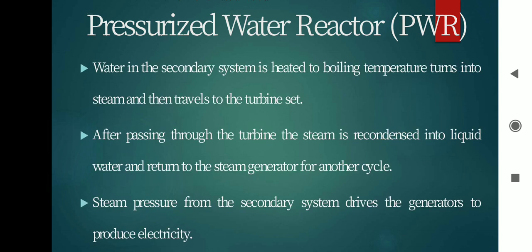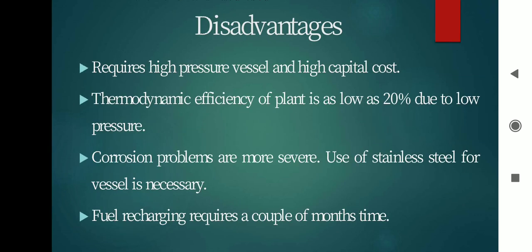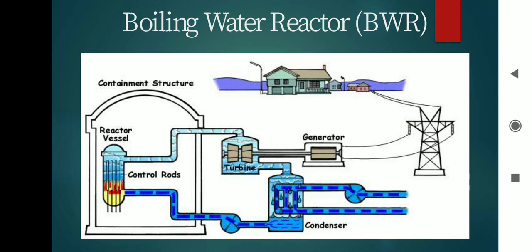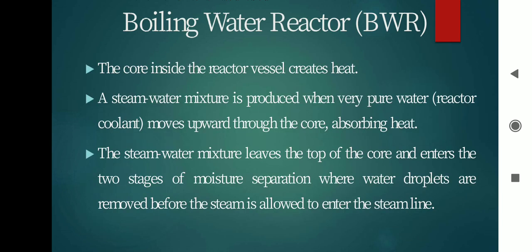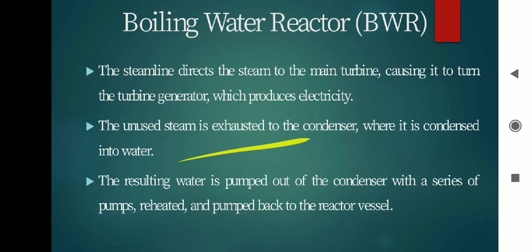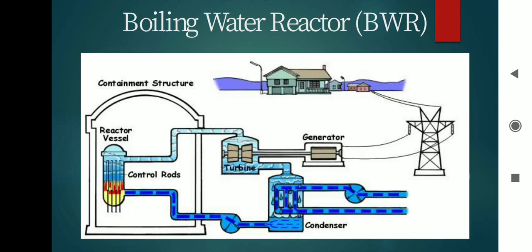Next we will go to the slide, that is the boiling water reactor. There is only one difference between the pressurized water reactor and the boiling water reactor; otherwise both are the same. Here the steam which is produced in the boiler at the reactor goes directly to the turbine.